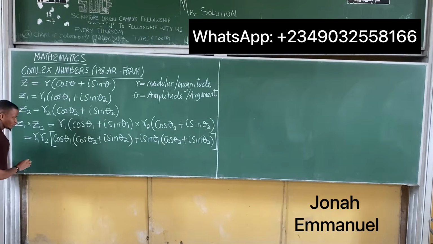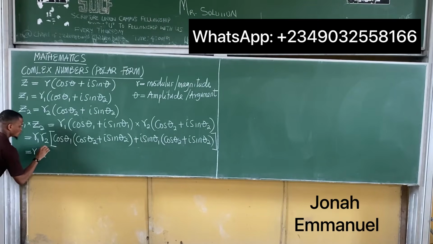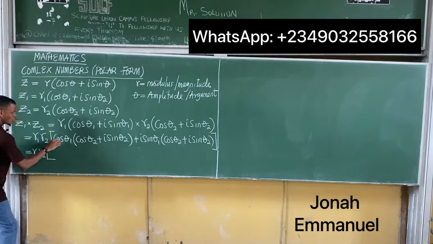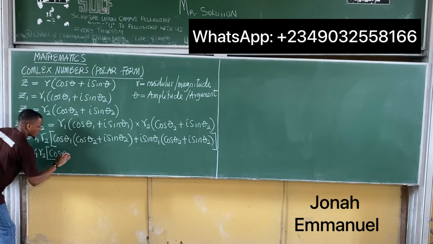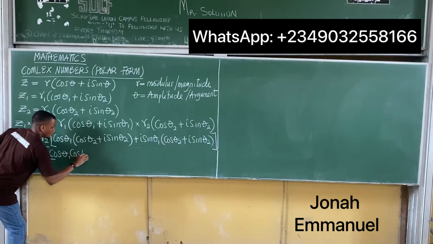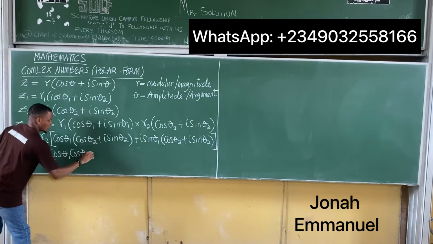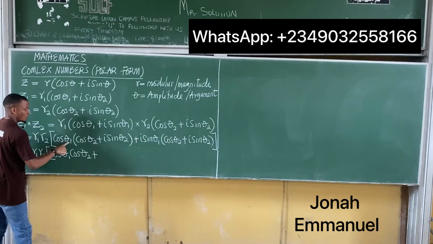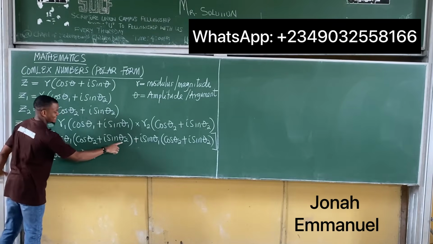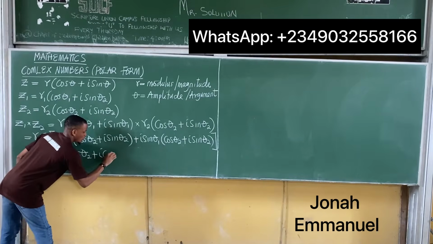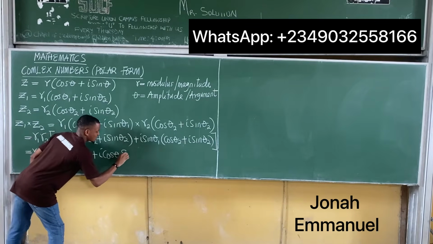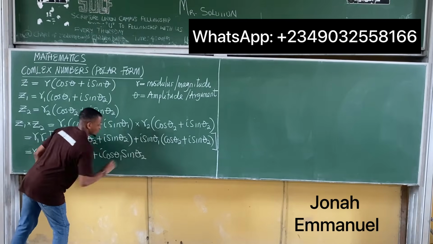This is equal to r1 r2, all into cos theta 1 times cos theta 2, which gives you cos theta 1 cos theta 2, plus cos theta 1 multiplying i sine theta 2, which gives you just an i here: i into cos theta 1 sine theta 2.